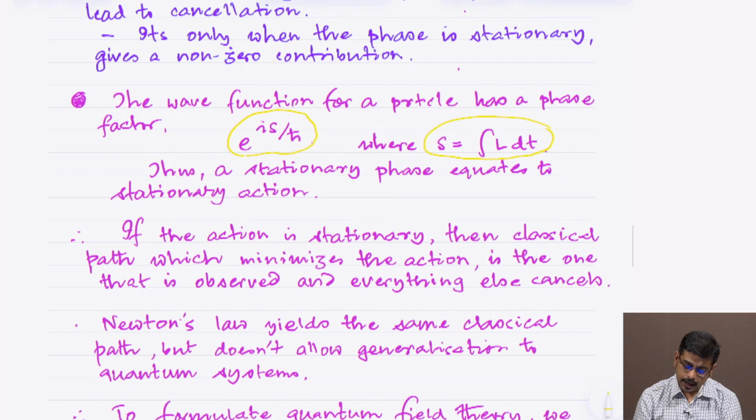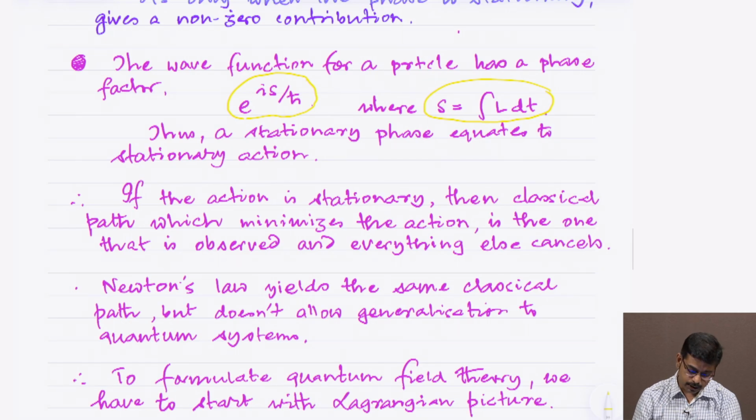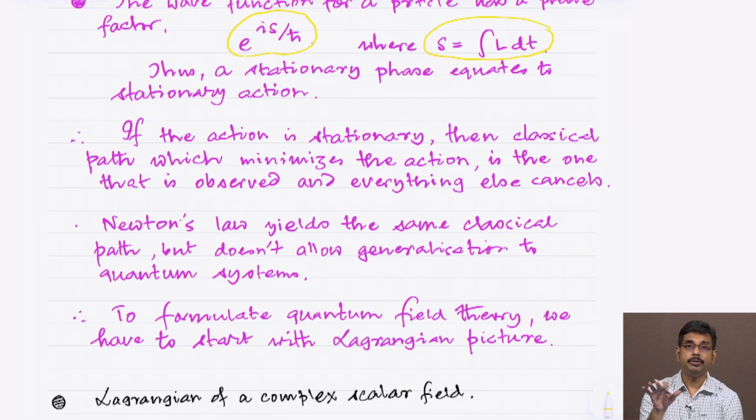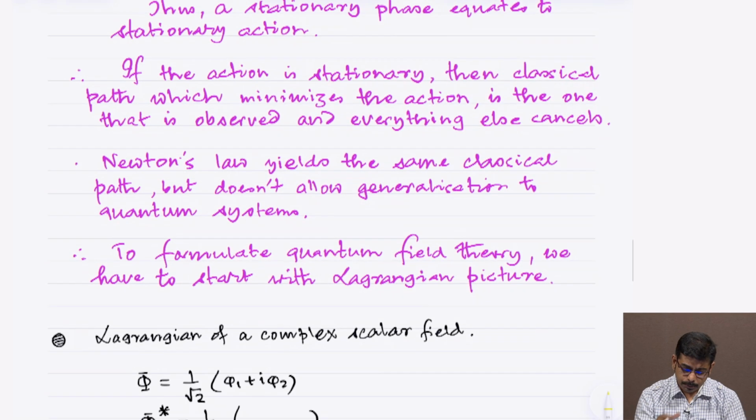The action is stationary, so the classical path which minimizes the action is the only one that is observed, and the other ones are cancelled. However, Newton's law gives the same classical path, but it does not allow the generalization to quantum physics, which is to consider all possible paths through which the particle can move. Therefore, to formulate quantum field theory, which we are going to do, we need to start with the Lagrangian picture.